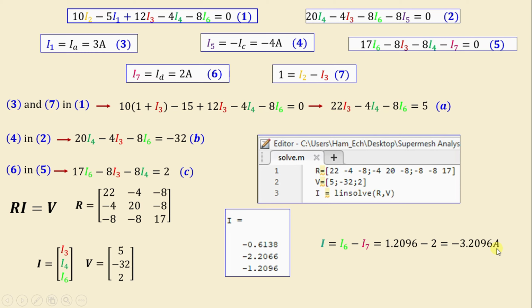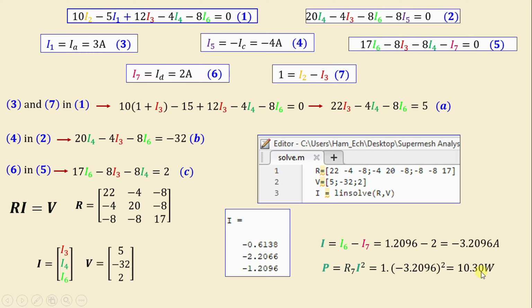The dissipated power in the 1 ohm resistor, or resistor R7, is equal to R7 multiplying by I squared. We get 1 multiplying by negative 3.2096 squared, so we get 10.3 watts.